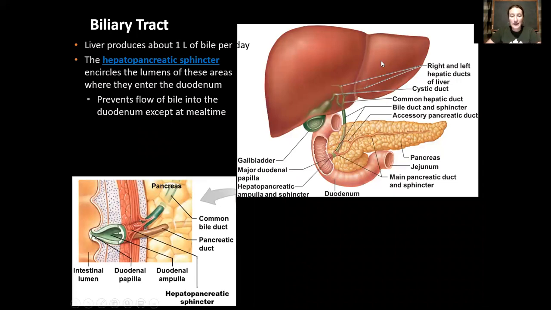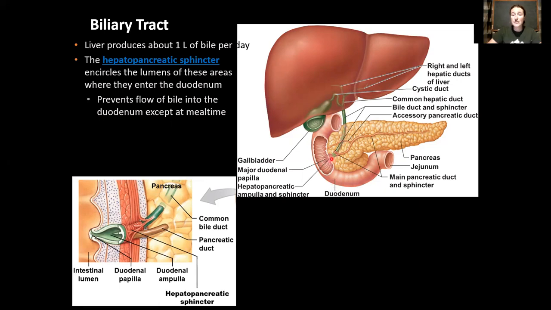And so in the liver, we know that blood is passed up through the hepatic portal vein. Okay, and so blood is filtered, and in the process of filtering that blood, the liver makes bile. In order for the bile to go from the liver to essentially the small intestine to facilitate digestion, the bile is then passed through a series of ducts.